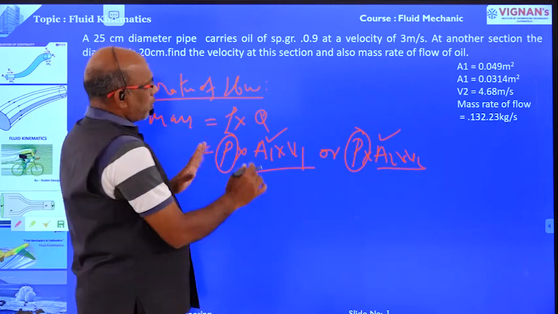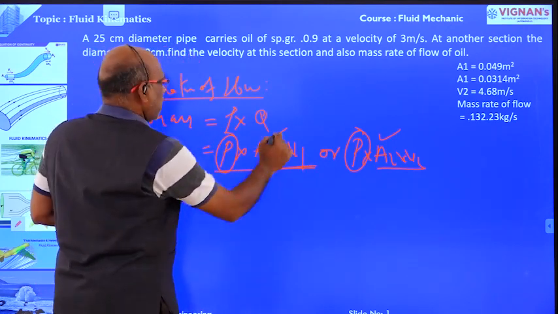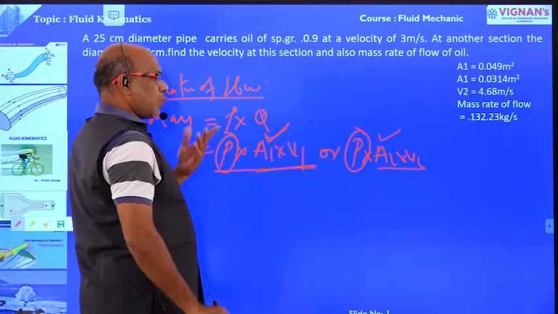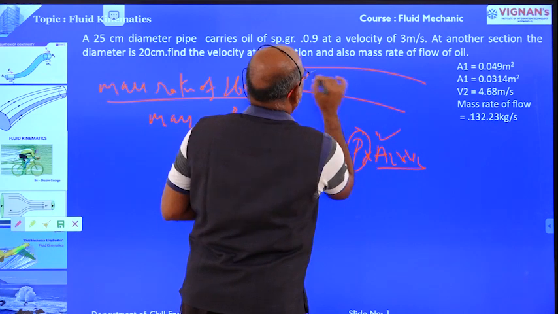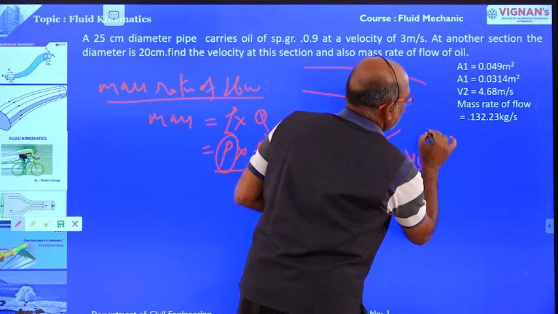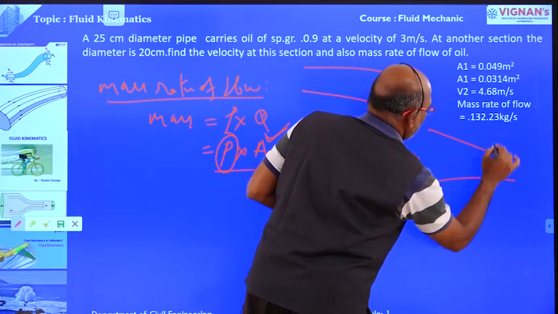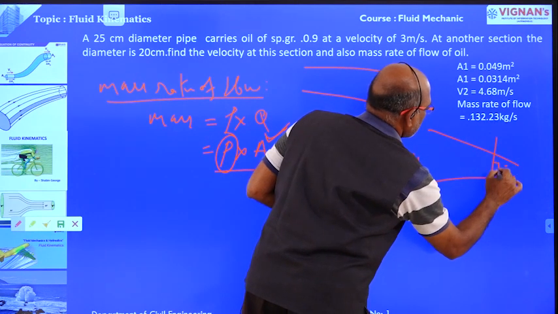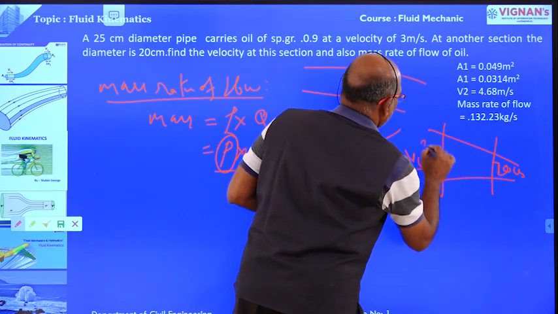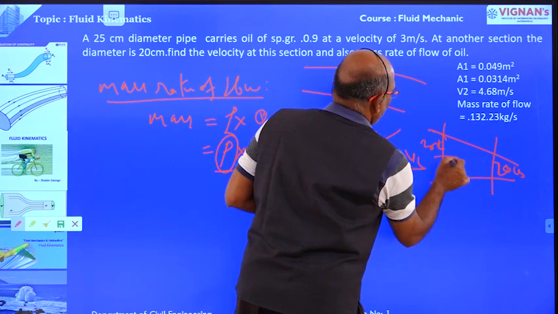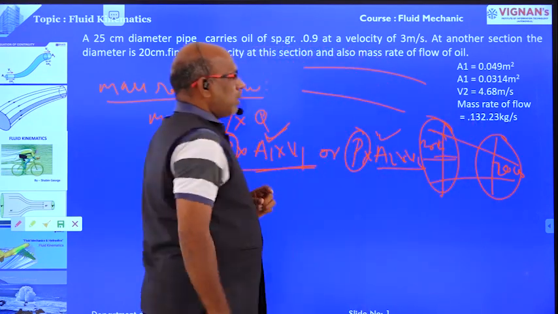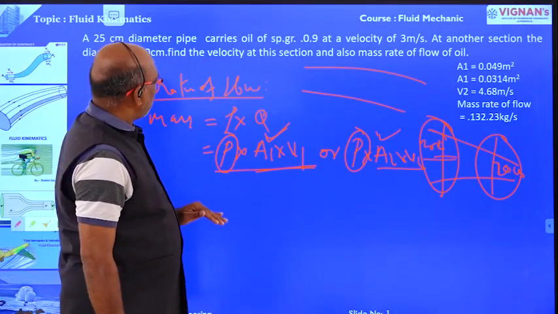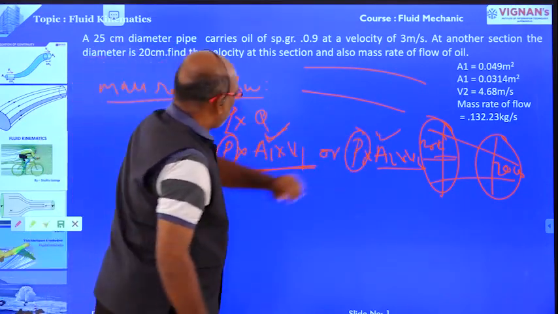Right? Now, in any problem we can take the discharge at section 1 or at section 2. This is our section. This is the large diameter, this is the small diameter. This is the 20 centimeter dia pipe. This is the 25 centimeter dia pipe. We can take the discharge here or here, there is no problem. Now we are going to take the discharge at section 1.